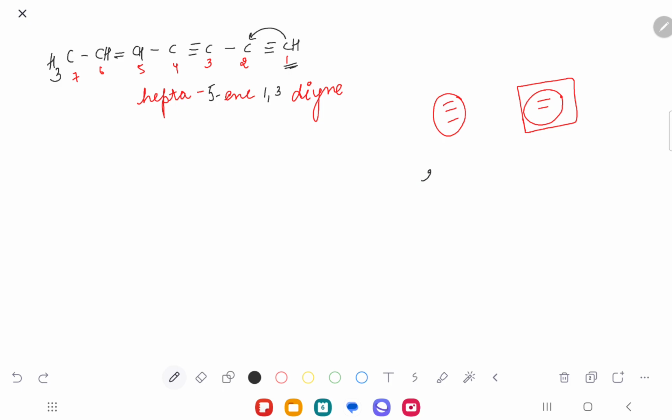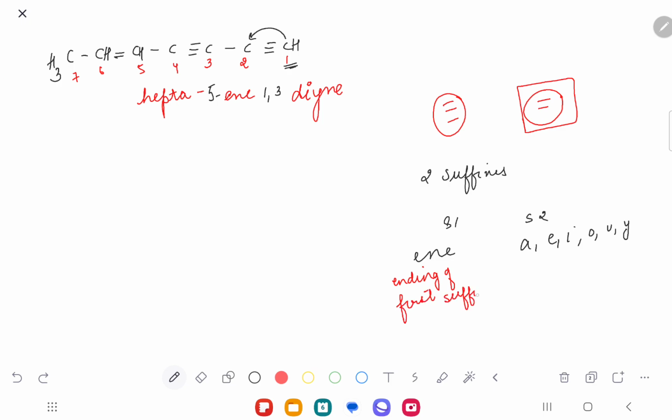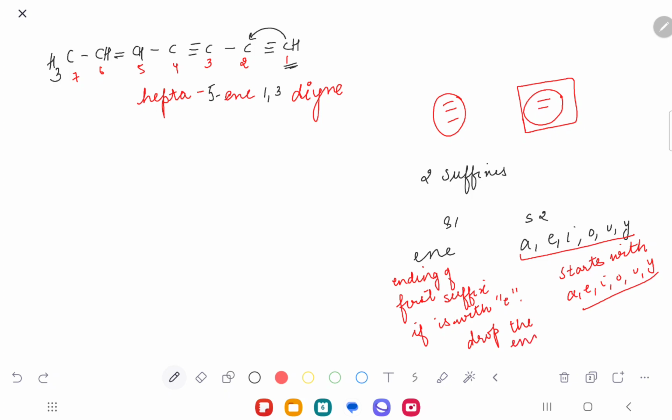And the rule is that when we have two suffixes, suffix 1 and suffix 2, and the second suffix starts with a, e, i, o, u, y, and the ending of the first suffix is with e, then you drop the ending e of suffix 1.